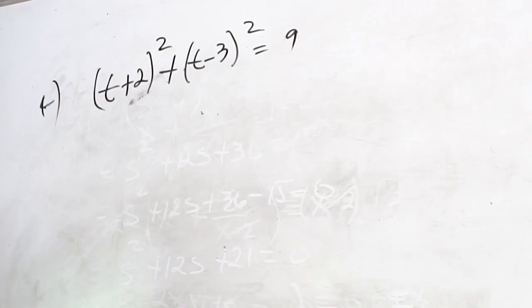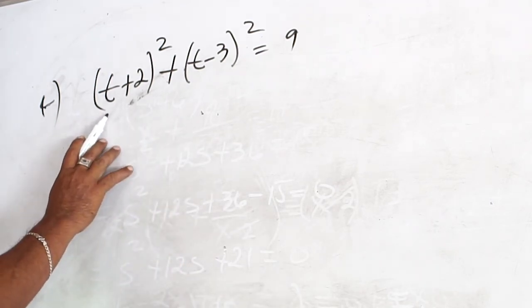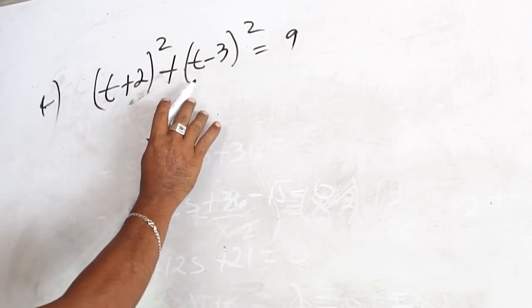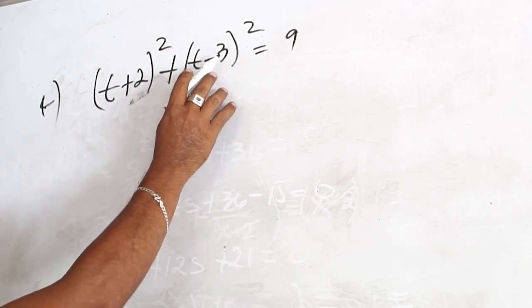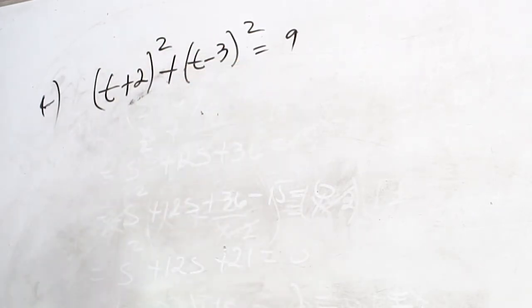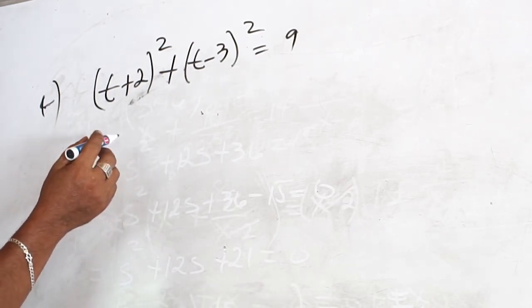For number 4 example, okay, we have open quantity t plus 2 closed quantity squared, then plus open quantity t minus 3, then closed quantity squared equals 9. Okay, so first, recall your knowledge in square of binomial.